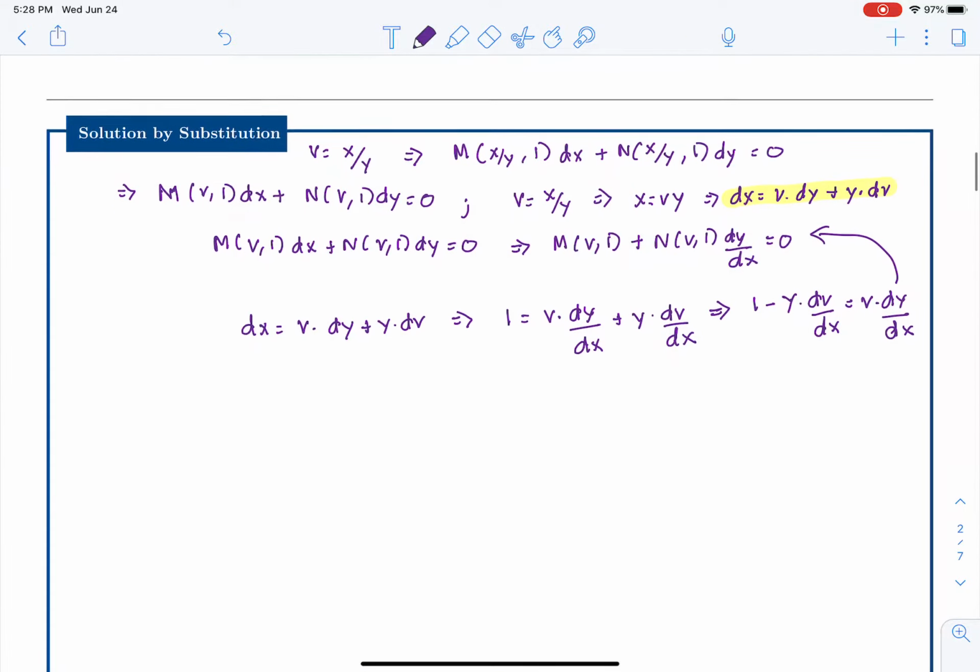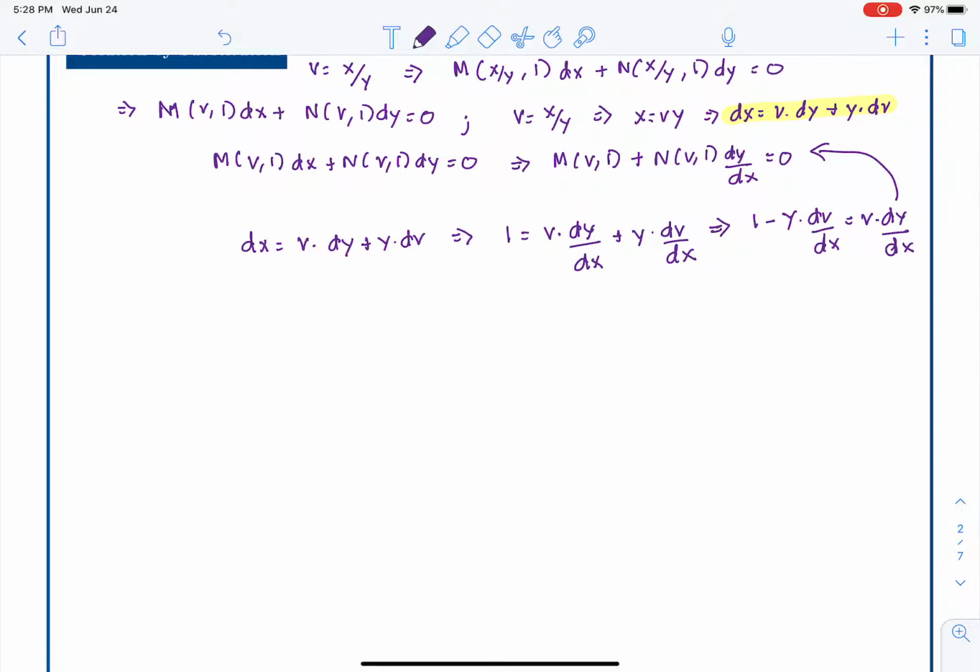So that is the first way, and that substitution will only work if we have homogeneous equations, and we require both M as well as N to be homogeneous.